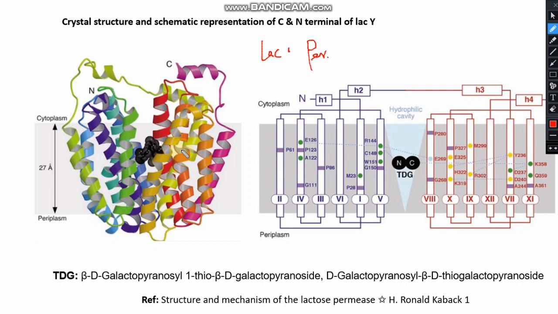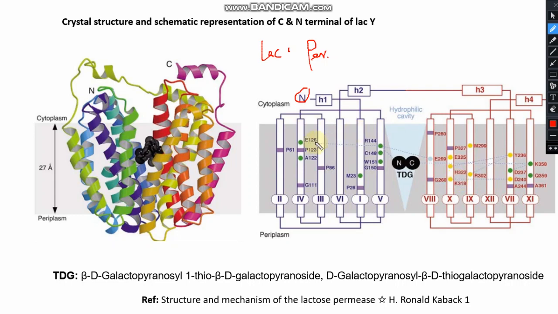In total there are around 12 transmembrane helices, and the 6 transmembrane helices in the N-terminal part are in blue color, and the C-terminal ones are in red color.